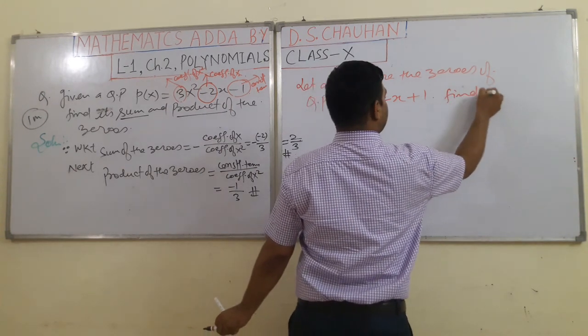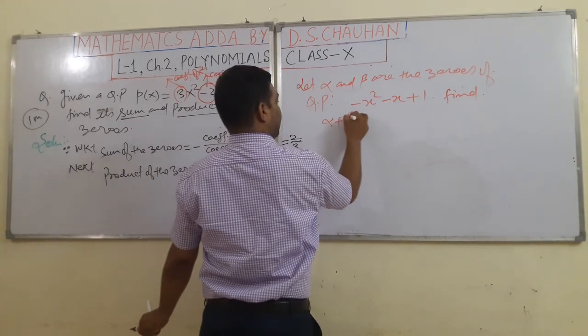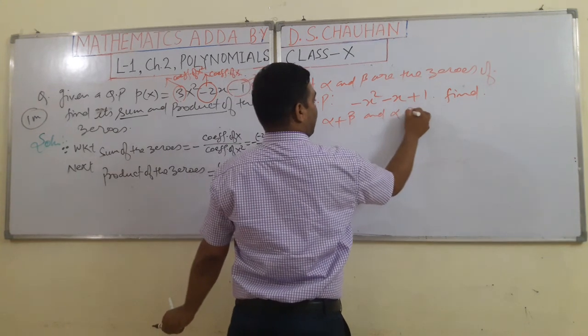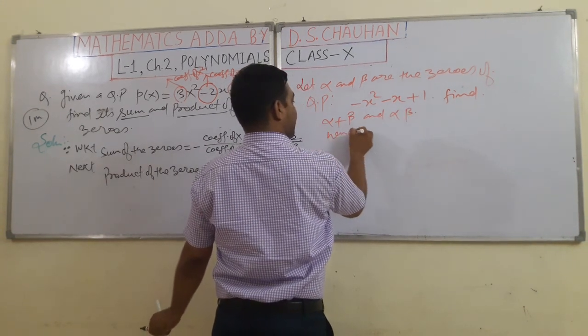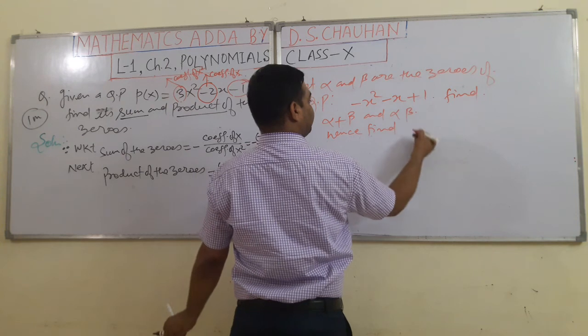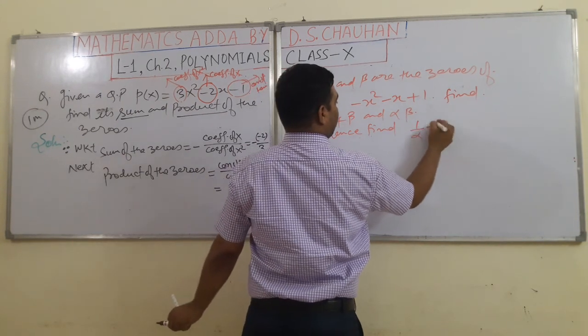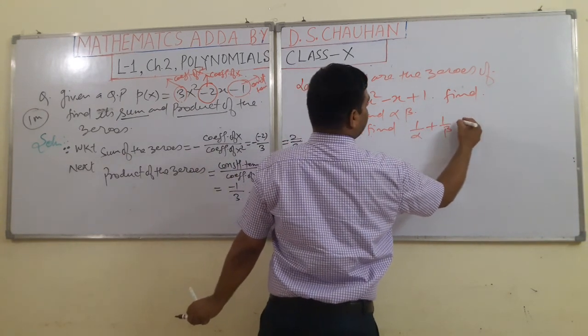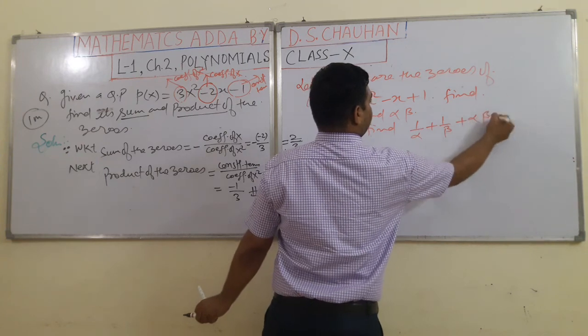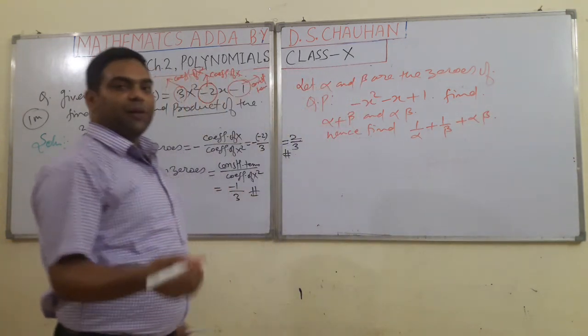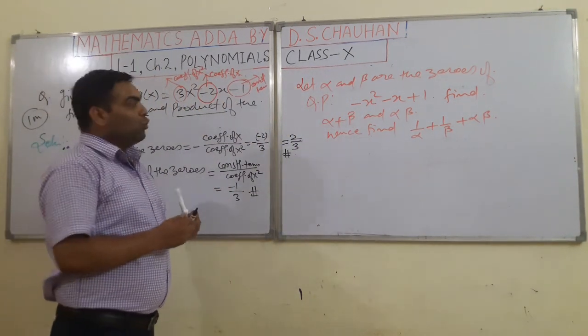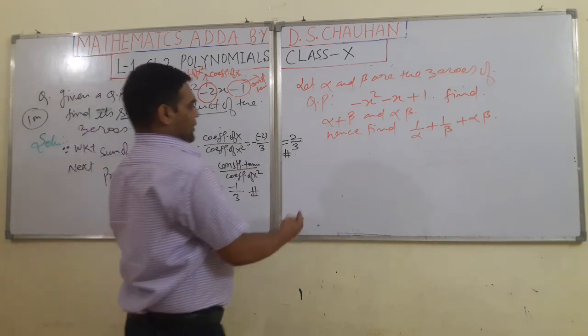Find alpha plus beta and alpha beta. Hence, find 1 upon alpha plus 1 upon beta plus alpha beta. This is the question in front of you. See how to do it. Telling the solution.